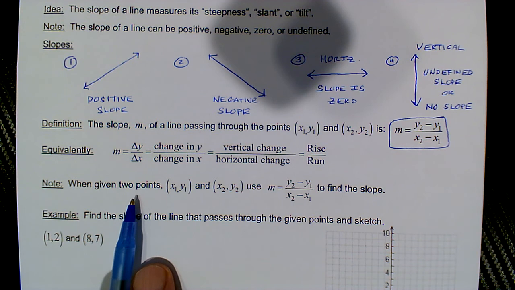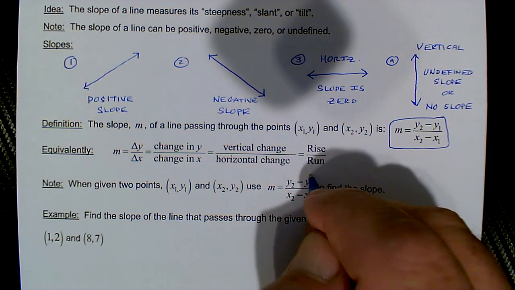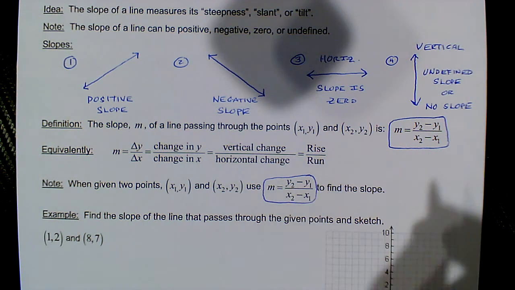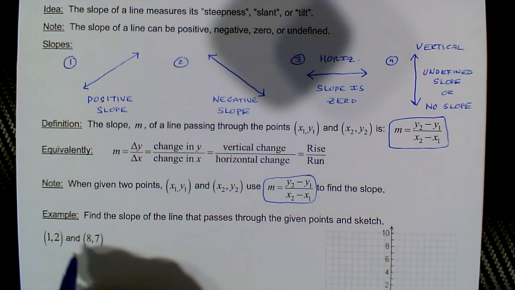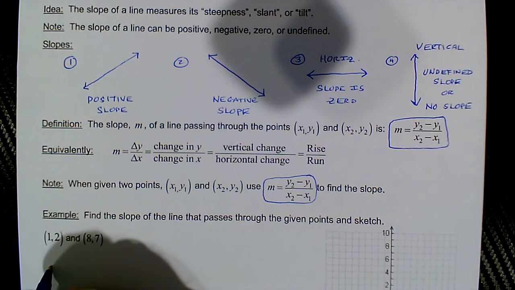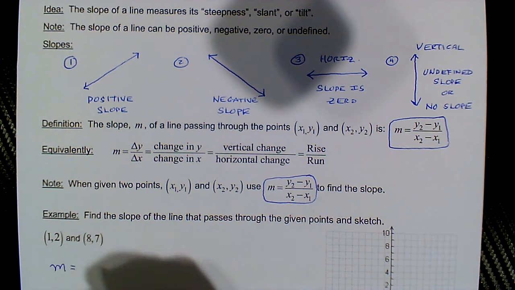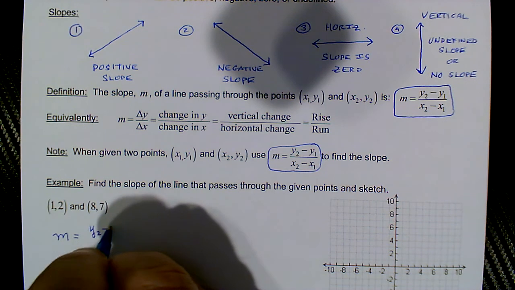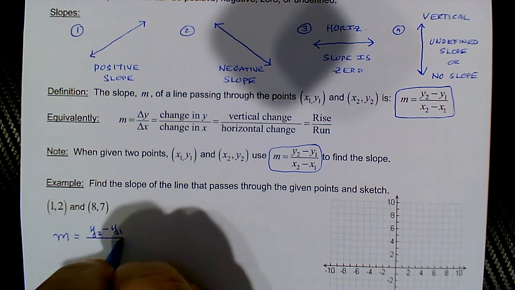So, as I mentioned, when 2 points are given, then we're going to go to the formula. But I want to first look at an example where we're going to find the slope. You could write down the slope formula once again: y sub 2 minus y sub 1 over x sub 2 minus x sub 1. You could label these ordered pairs. It doesn't matter which way you label them.